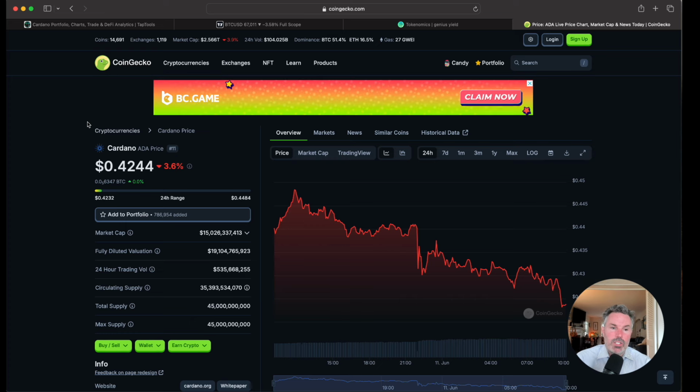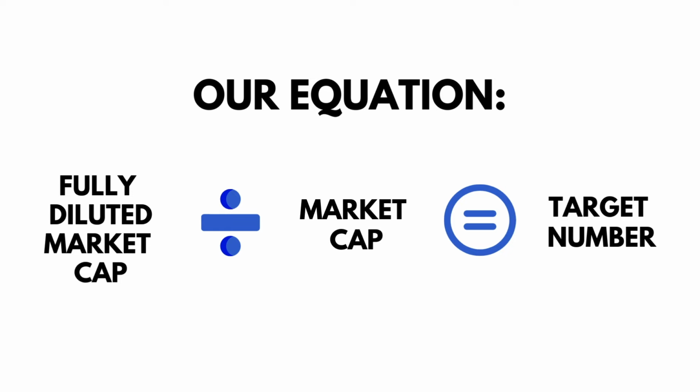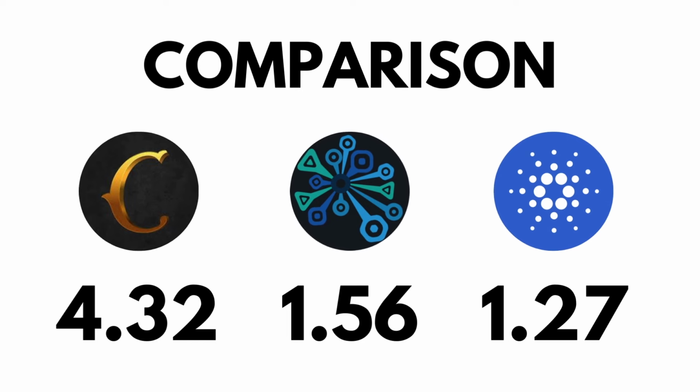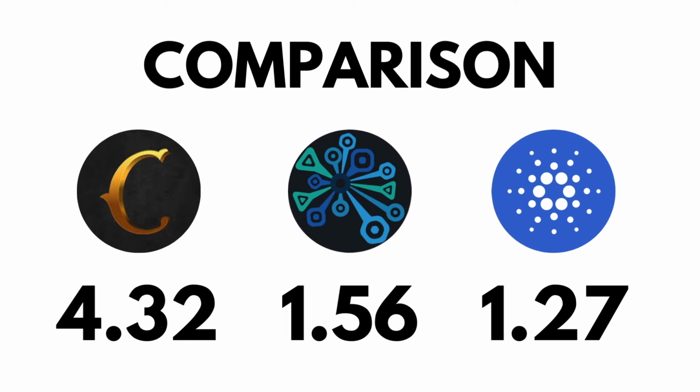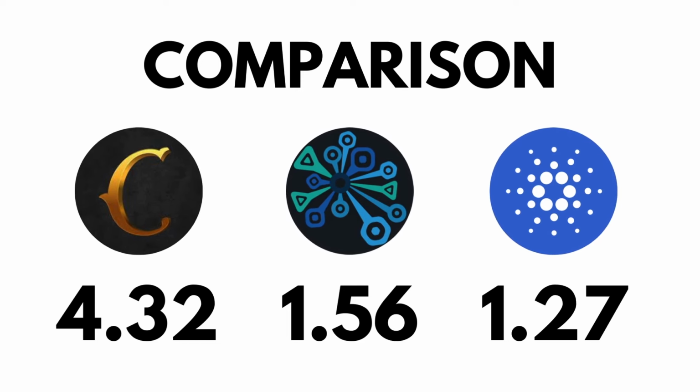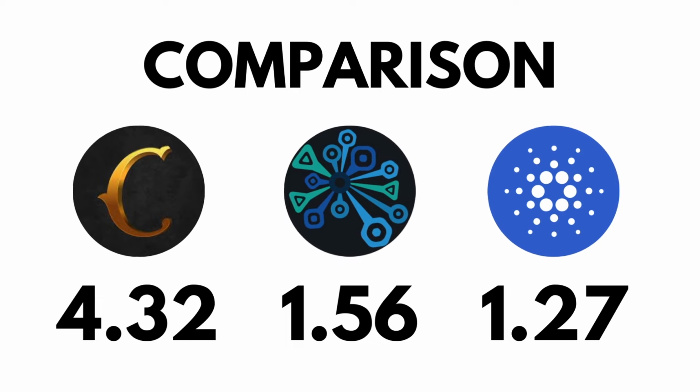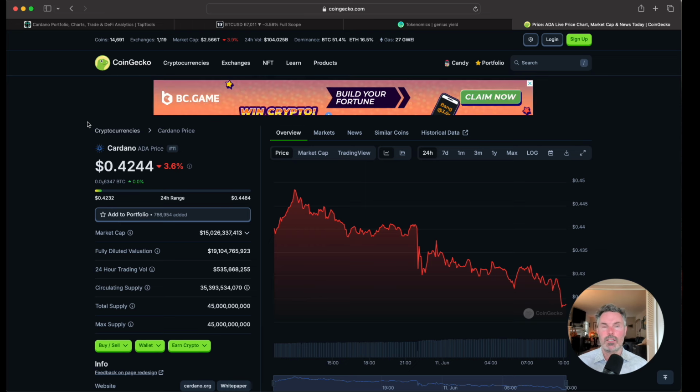And so we just took a look at 3 projects and we did the fully diluted market cap ratio calculation. And we're looking at low numbers. NuNet, a very low number, in the 1 points. Cardano, we just looked at it, 1.2, very low number. Cornucopias, 4.3. That's great. That's still a low number, because several calculations I'll do with projects are in the 7s, like 7 point something.